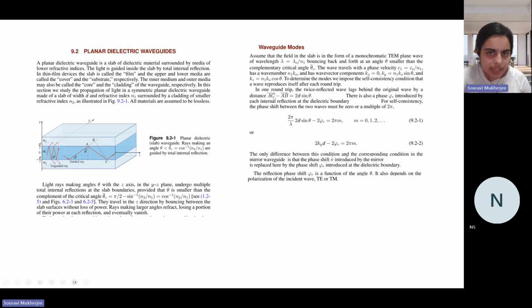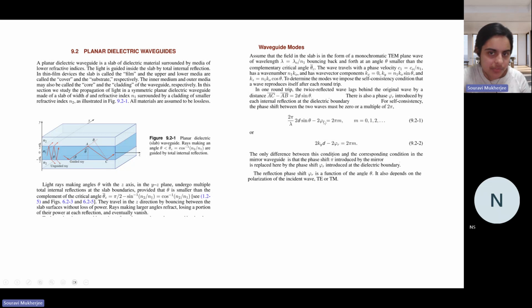So AC minus AB, this phase difference, is equal to 2D sine theta, where D is the width of your film. Okay. And that should be, now this is important, I'll come to that, that plus the phase that it has acquired while it has got reflected. Whenever there is a reflection, it can acquire some phase, right?